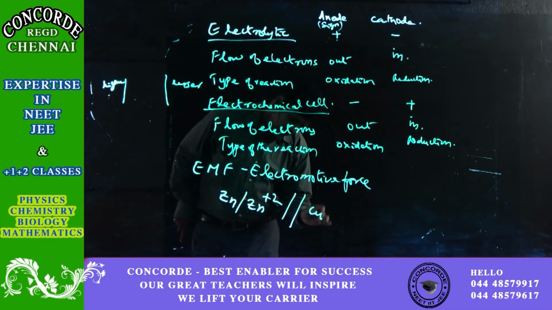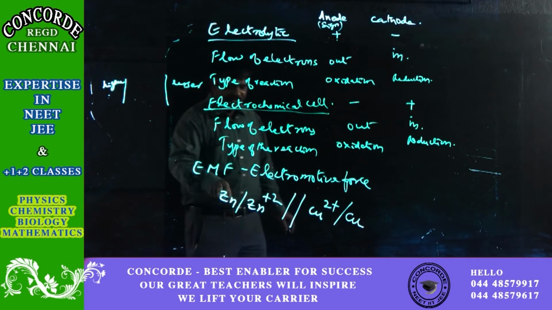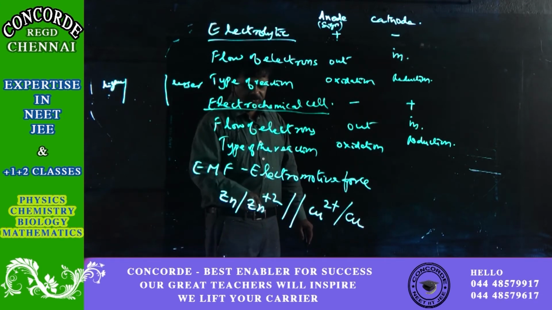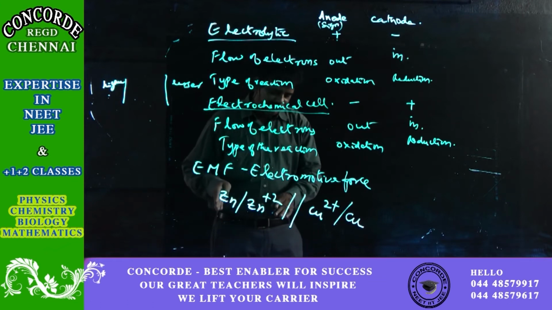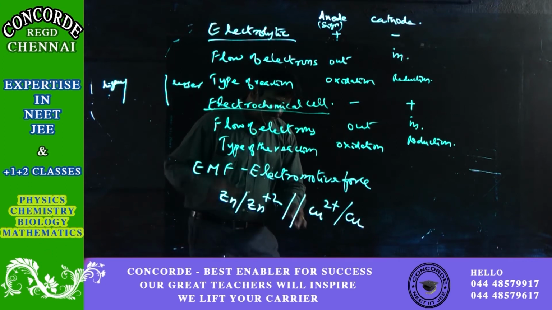In that compartment, what is happening? Copper 2 plus is getting converted to copper. The element and ion are again separated by a slash, showing which ion is converted to what. So this is one compartment. The difference between the anode compartment and the cathode compartment is shown with two slant lines.